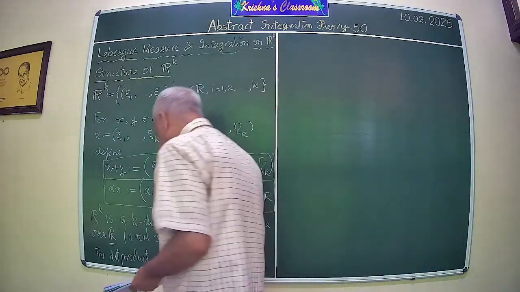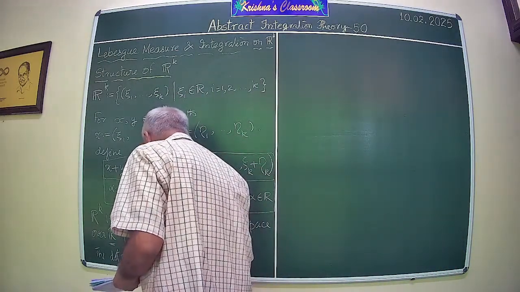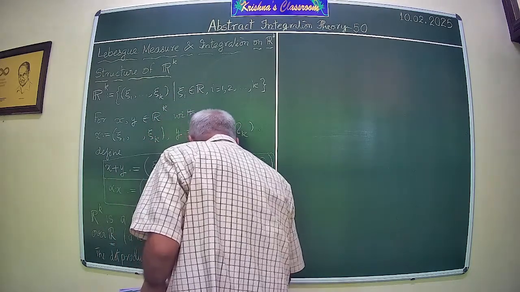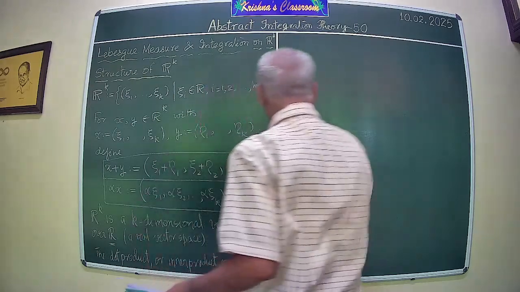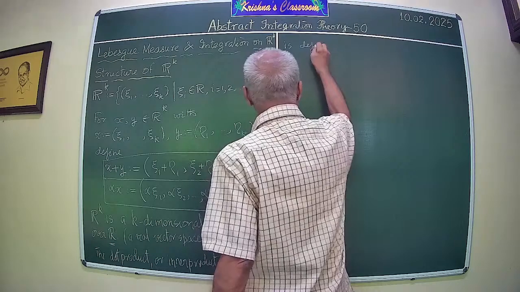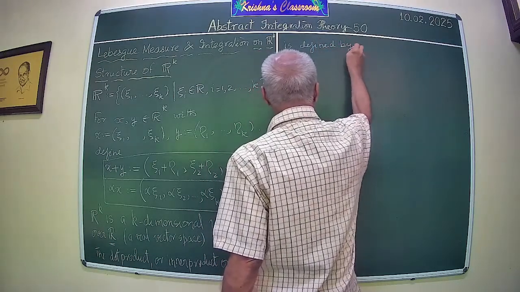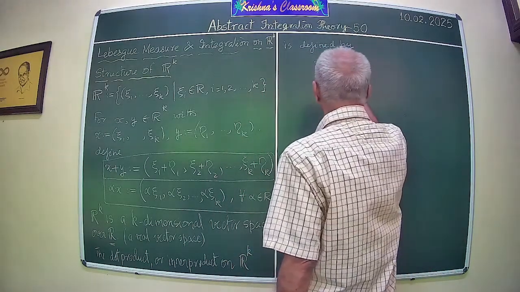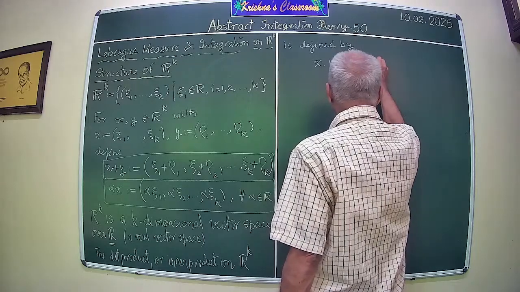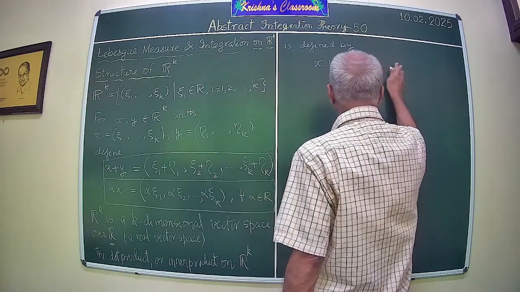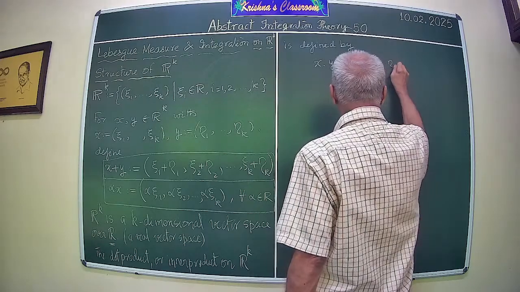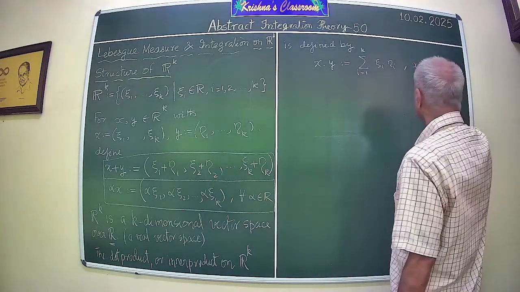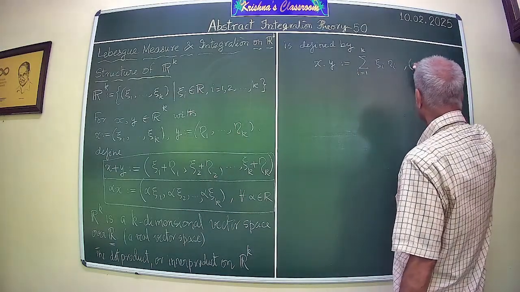The dot product or inner product on R^k is defined by x dot y, for x, y belonging to R^k.